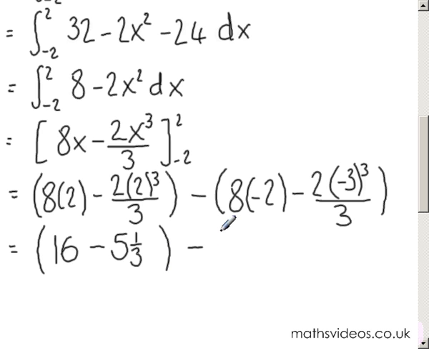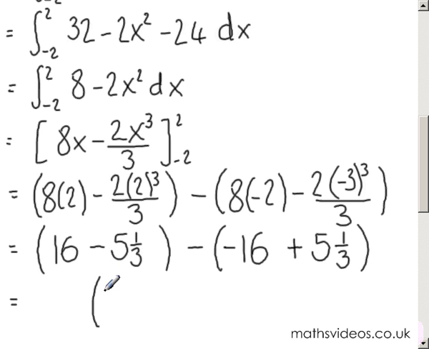Take away the second bracket, so 8 times minus 2 is minus 16. And working out our second bracket gives us plus 5 1/3. So if we simplify each of the brackets, 16 take away 5 1/3 is 10 2/3. Take away the second bracket, negative 16 add 5 1/3 gives us negative 10 2/3.